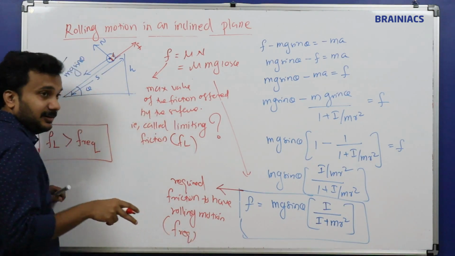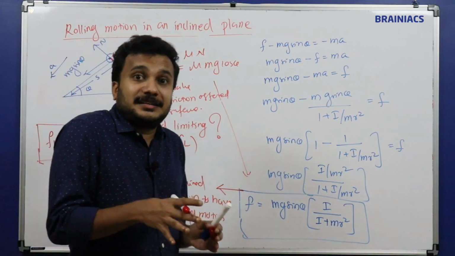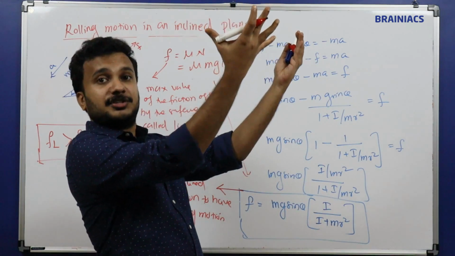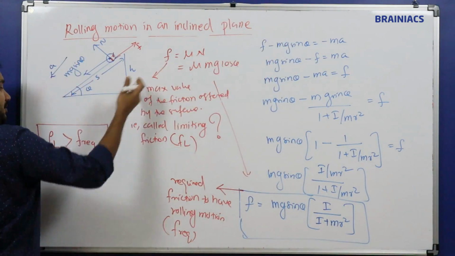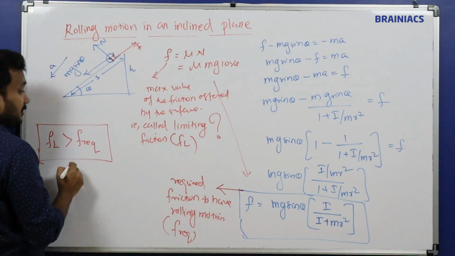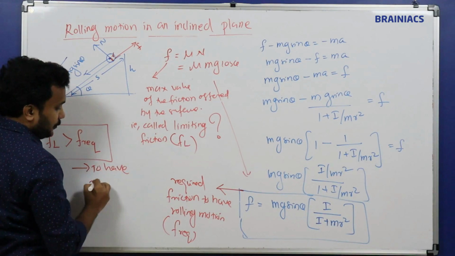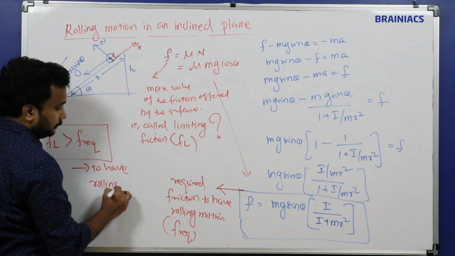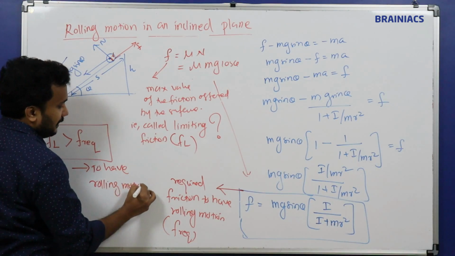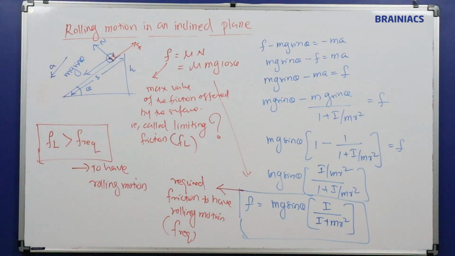Required friction exists if there is sufficient friction available, and that is the limiting friction. So limiting friction should be greater than required friction to have rolling motion. Else, what happens? No rolling motion. That's all. So required friction is mandatory to have this.